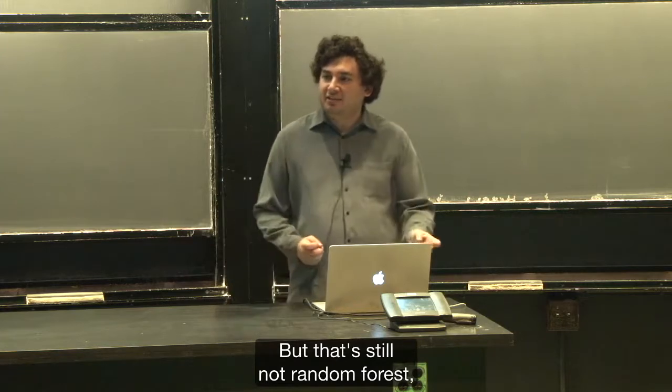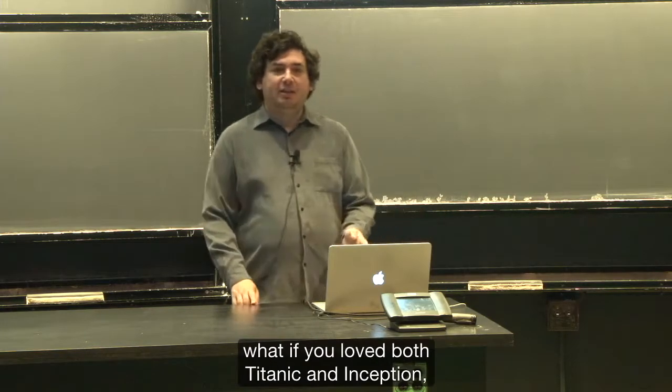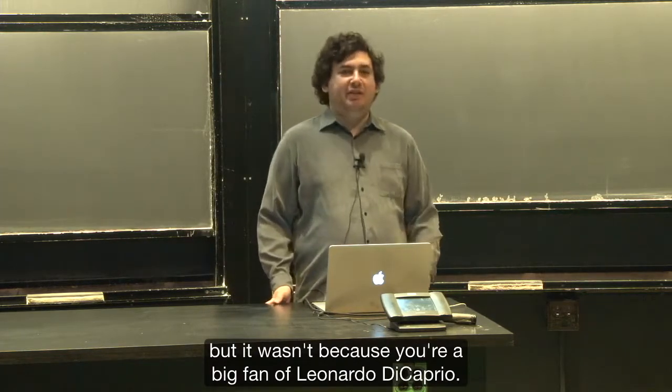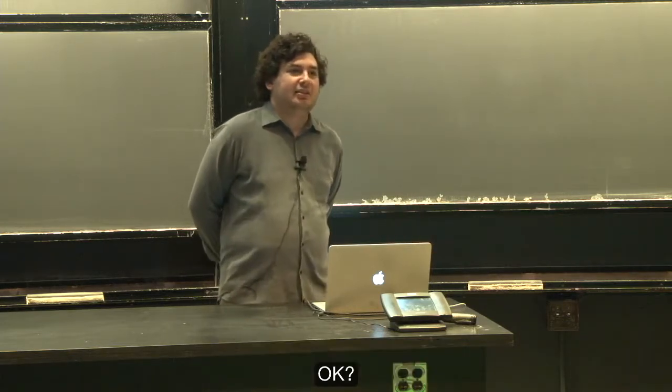But that's still not random forest, because he points out here the example, what if you loved both Titanic and Inception, but it wasn't because you're a big fan of Leonardo DiCaprio. It just happens that you like those two movies. Okay?